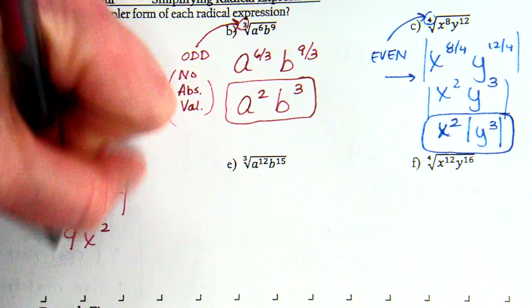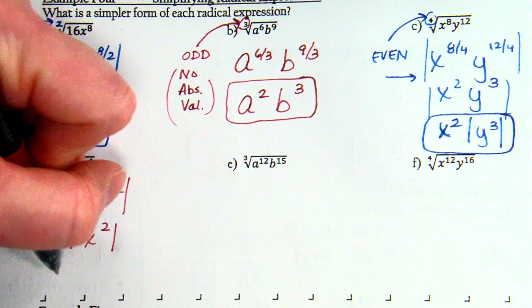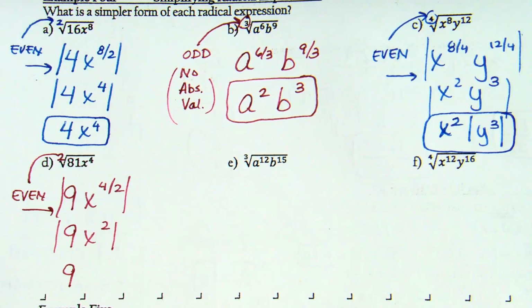Okay. So it was an even root. So yes, we're talking about absolute value at least. Do I need absolute value on the number 9? No, absolute value makes something positive. 9's already positive. Definitely don't need absolute value on 9. If there was a negative 81, we wouldn't be doing this square root, because you can't take the square root of a negative number. Do I need absolute value on x squared?